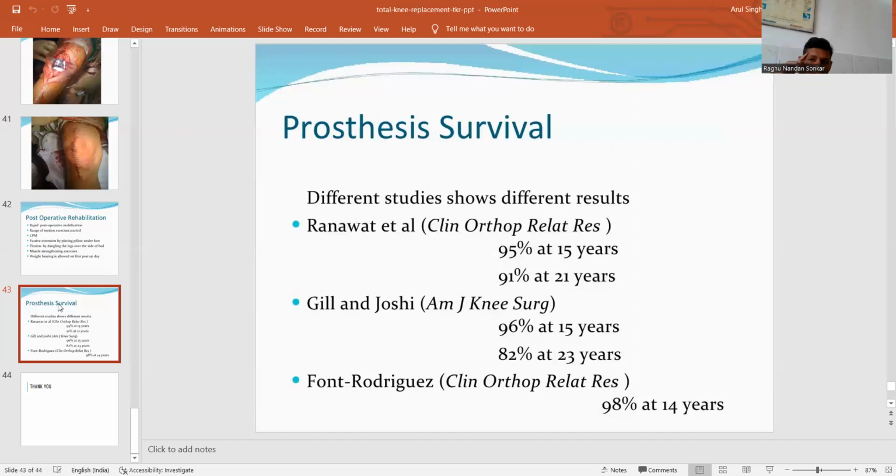So always keep in mind post-op complications of your TKR. The most common complication is infection. Obviously, when I put an artificial implant and we open the joint, there is always a chance of infection.